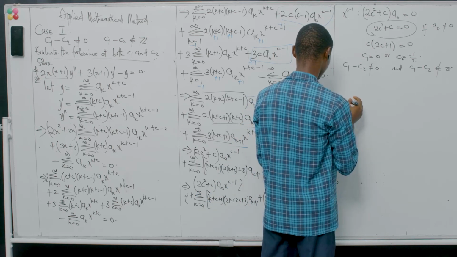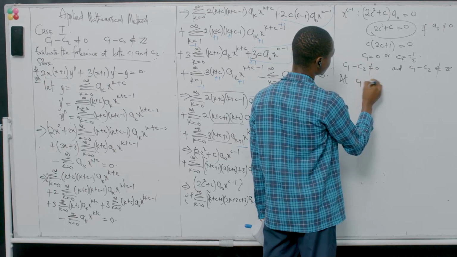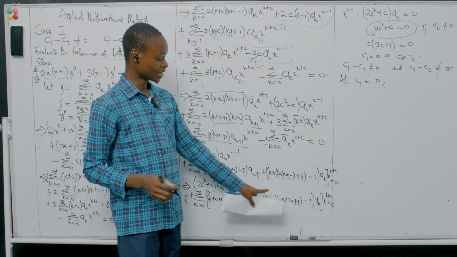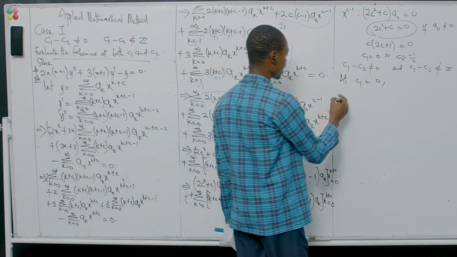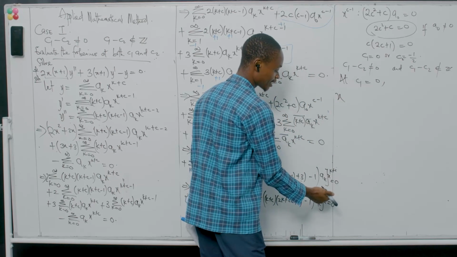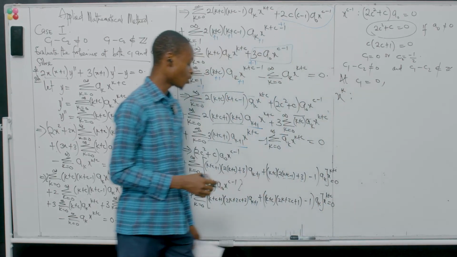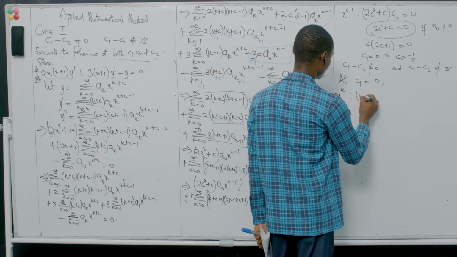For this one, at C1 equal to 0, what happens? Anywhere you see C here, make it equal to 0. So what do we have? Let's use x. This is x raised to the power k plus C, right? So that becomes x raised to the power k. And what will be the coefficient? This place will now become k plus 1.